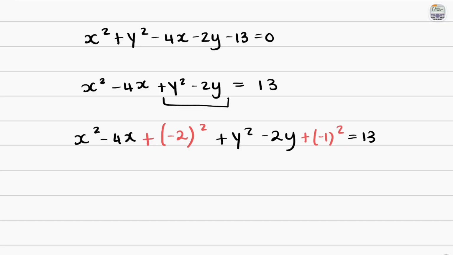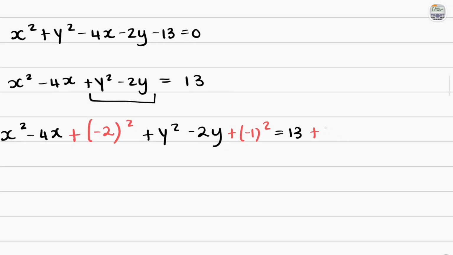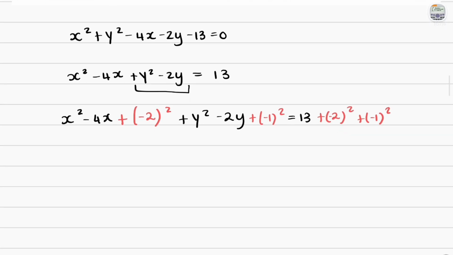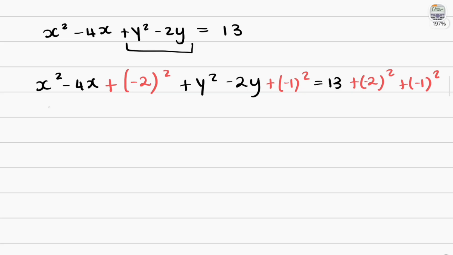Now, this is an equation. What you do on the one side, you must do on the other side. So we added -2 all squared here. We'll also add -2 all squared here. And then we also added -1 squared as well. Okay, and now we can simplify this. So we're factorizing really. If you had to distribute that, you would get a trinomial, and if you factorize that trinomial, you would get this.